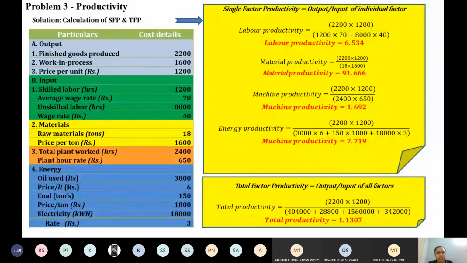Say they ask us to consider 50% for work in progress. What is 50% of 1200? 600. Then in the output part, it will be 2200 into 1200 plus 1600 into 600.